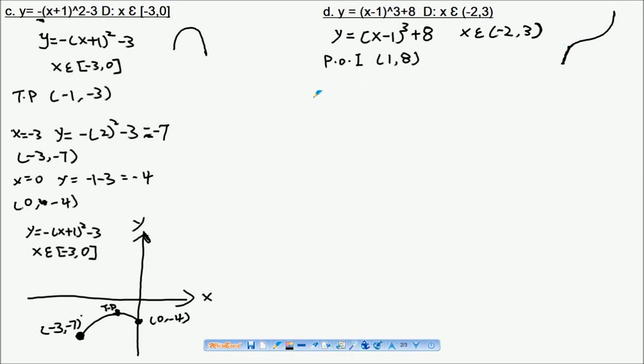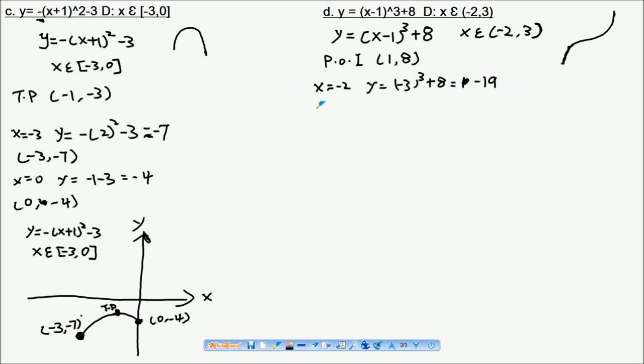Let's find the starting point. When x equals minus 2, y should equal (minus 3) cubed plus 8, which is minus 27 plus 8, which is minus 19.